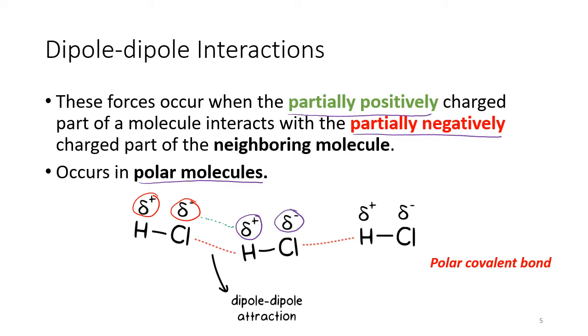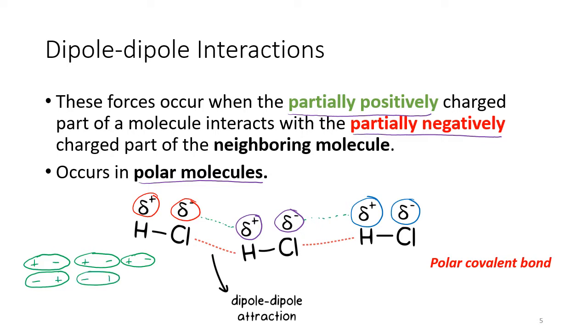The partial negative on another chlorine will have an interaction with a partially charged hydrogen on another molecule, and this will continue. So we can think of our polar molecule almost like a small magnet. The small magnets are going to orient themselves so that the positives and the negatives line up. Positive next to a negative, positive next to a negative. And the whole sample of our hydrogen chloride gas will continue with this repeating pattern.